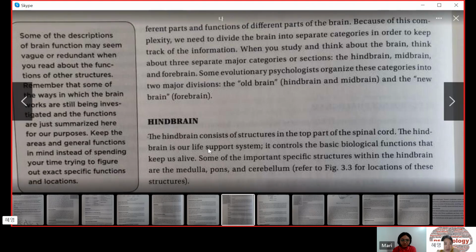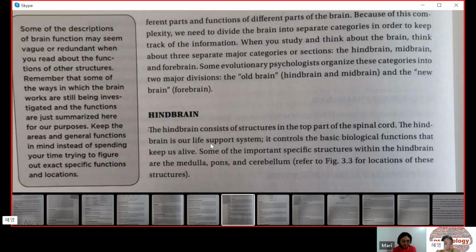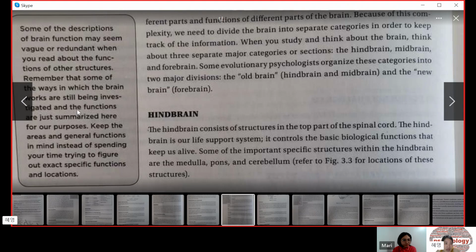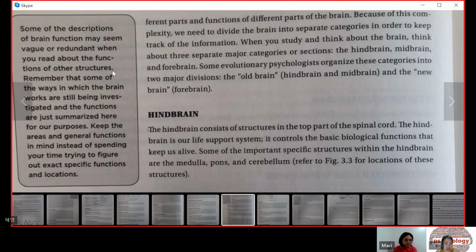So let's look at this one. And firstly, let's look at the left gray box. Some of the descriptions of brain function may seem vague or redundant when you read about the functions of other structures.